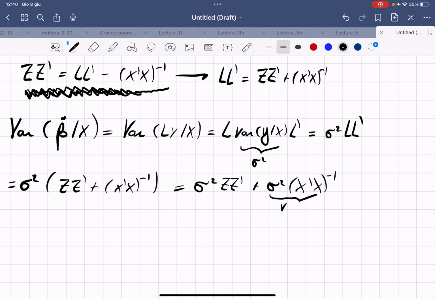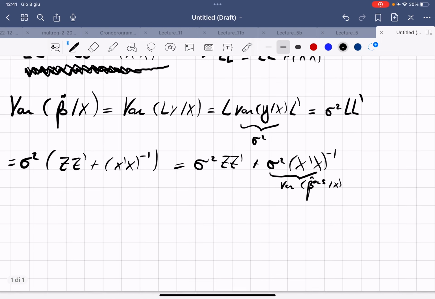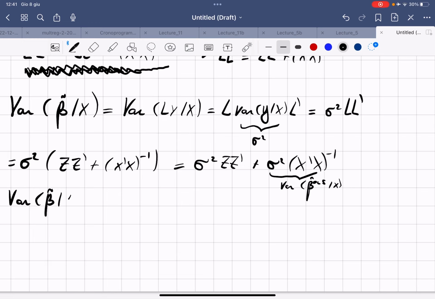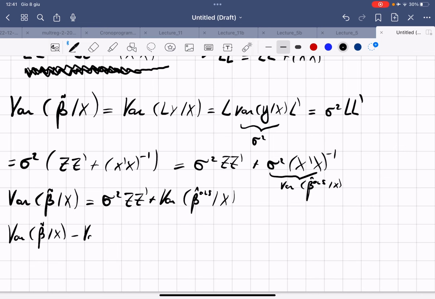This is the variance of beta OLS given X. So the variance of beta tilde given X is equal to sigma squared Z Z transpose plus the variance of beta OLS given X. So the variance of beta tilde given X minus the variance of beta OLS is equal to sigma squared times Z Z transpose, that is larger or equal to 0.